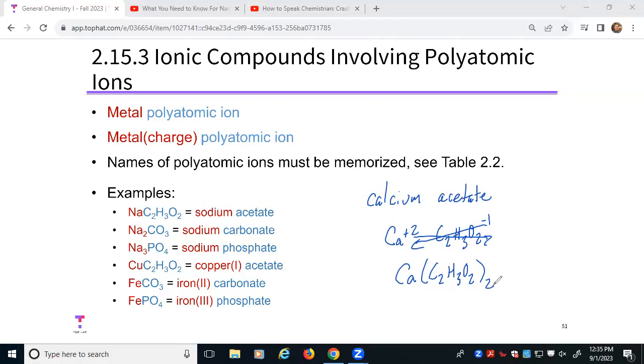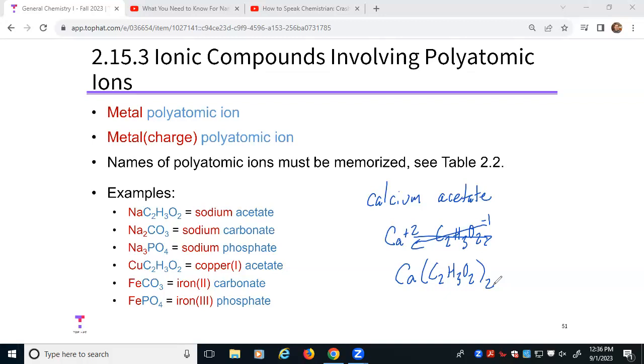So calcium acetate has the chemical formula Ca(C2H3O2)2, the acetate taken twice. That's how we indicate the parentheses applying to everything in that ion, not just the oxygen or the hydrogen or the carbon individually.